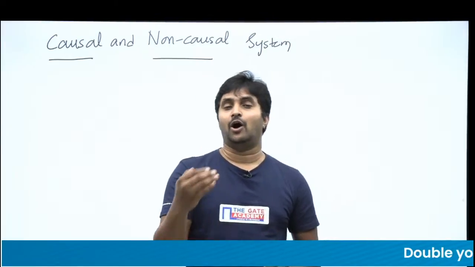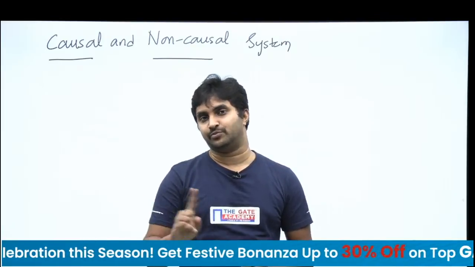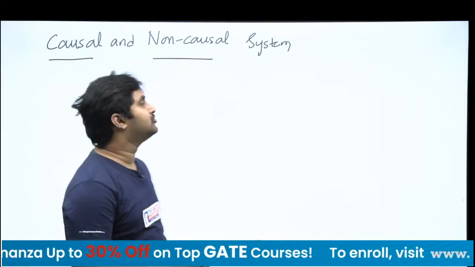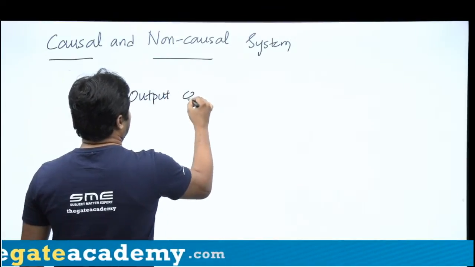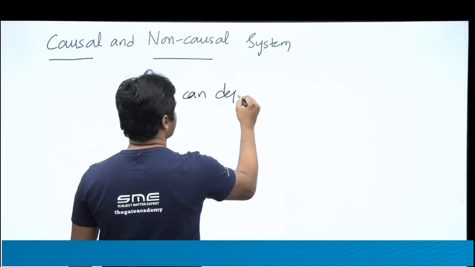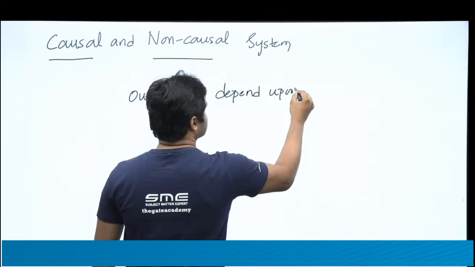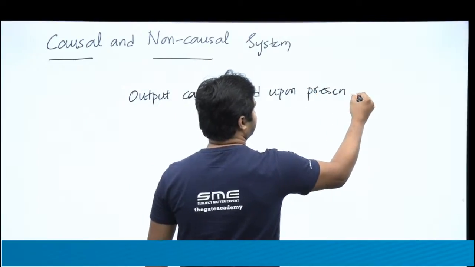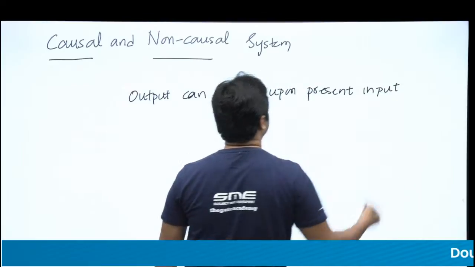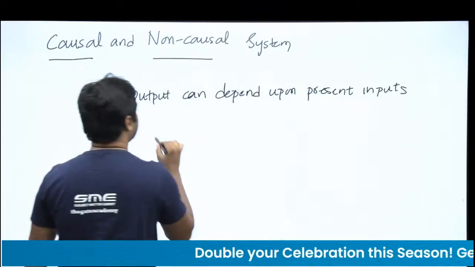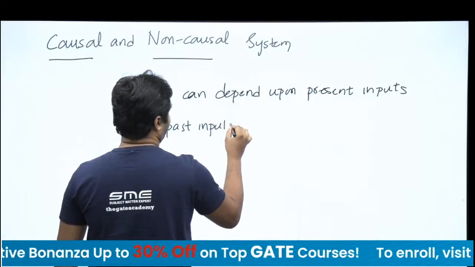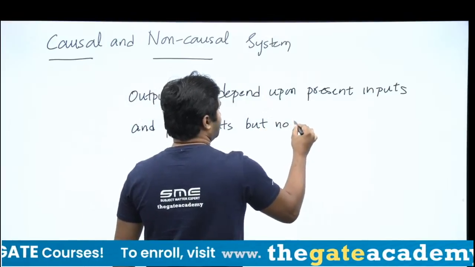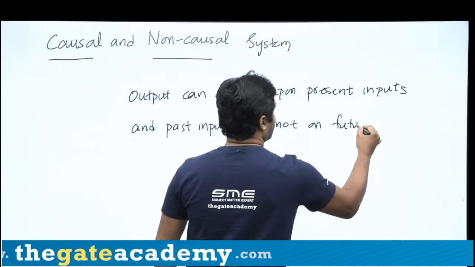So the definition of a causal system is that the output can depend upon the present and past inputs, but cannot depend upon the future input. Output can depend upon present inputs and past inputs, but not on future inputs.